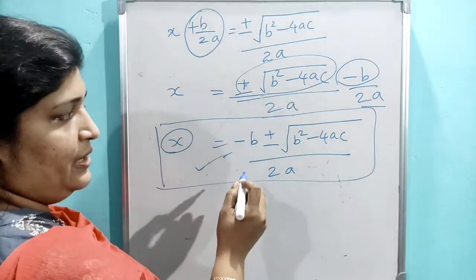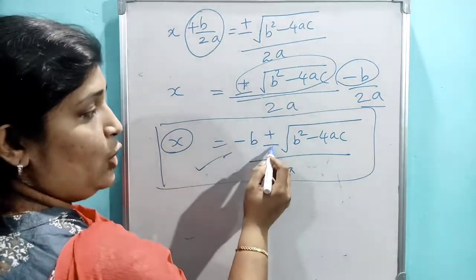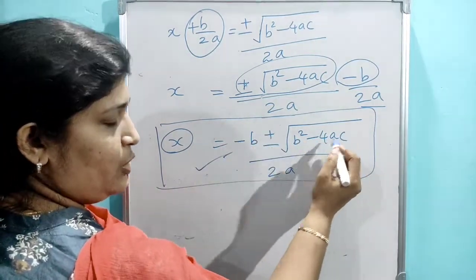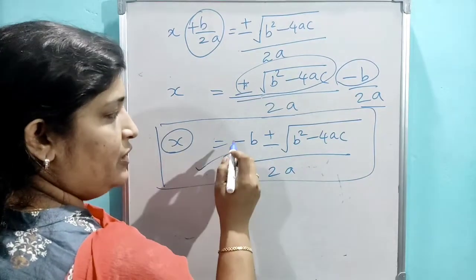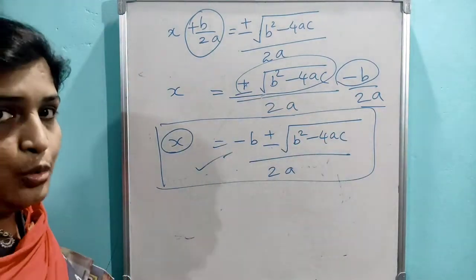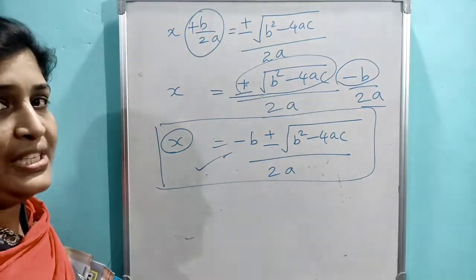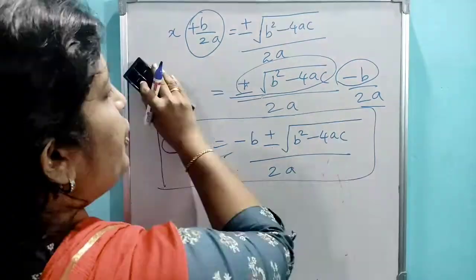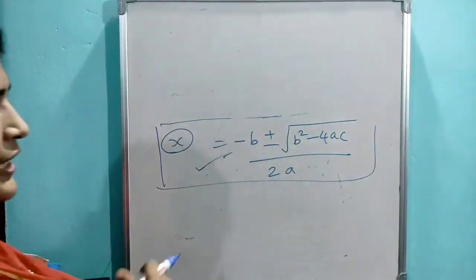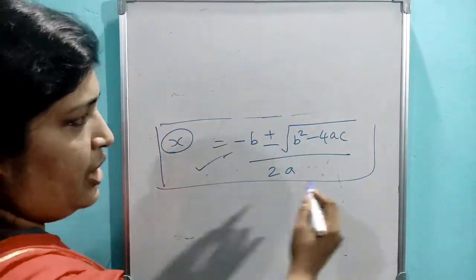Two solutions are there. That is minus b plus root b square minus 4ac by 2a, and another one minus b minus root b square minus 4ac by 2a. So two solutions are there. We need only this equation.